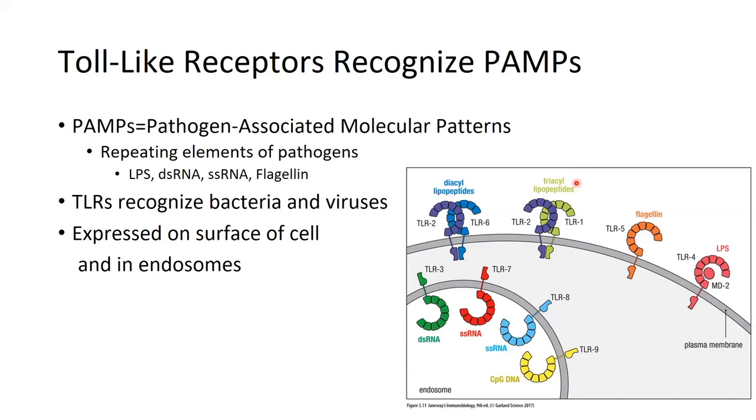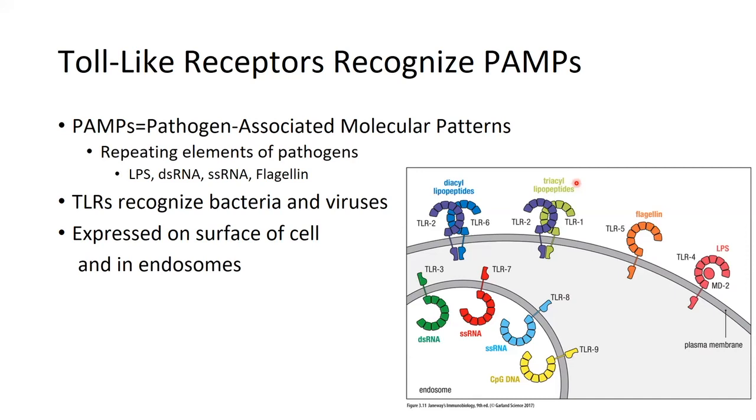Human and mammalian double-stranded DNA in general is methylated in a specific pattern. So when the body sees non-methylated double-stranded DNA, it has to have come from an intruding organism. Types of RNA and also flagellin.